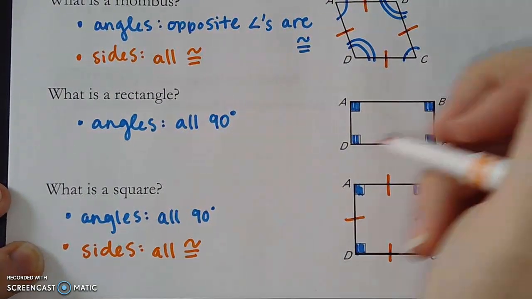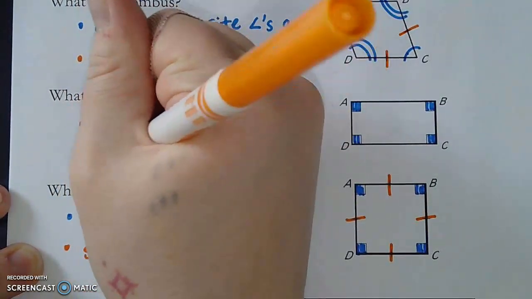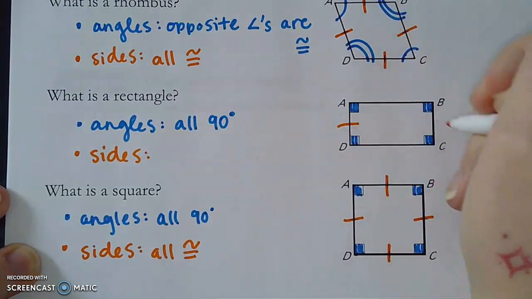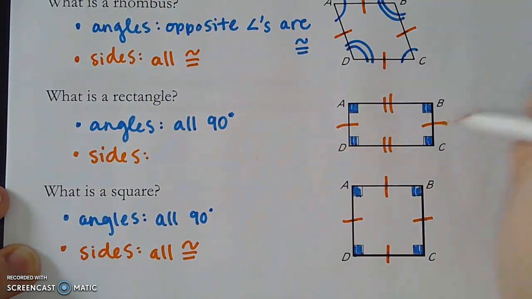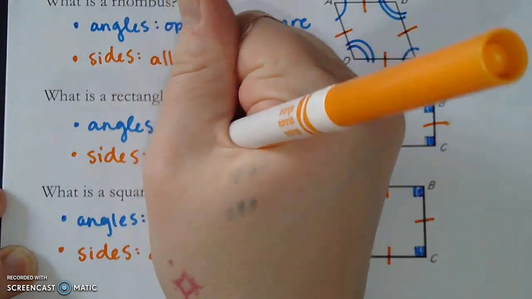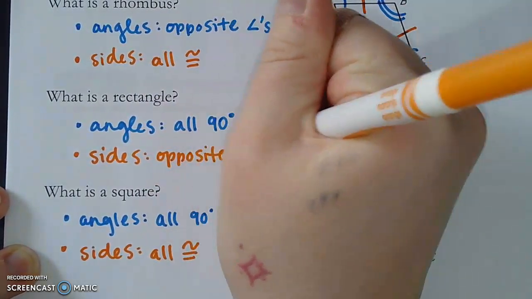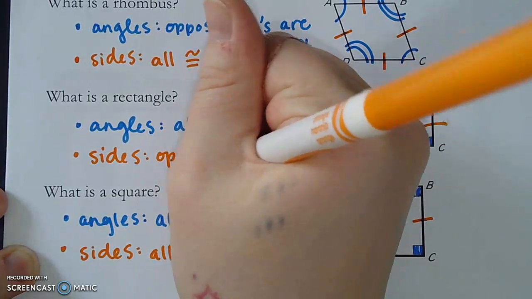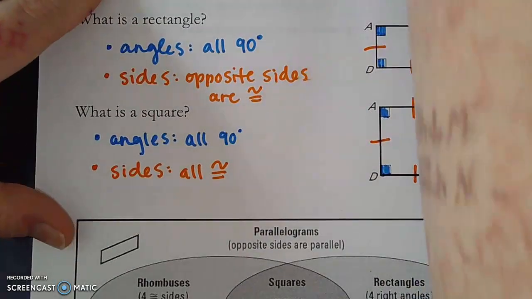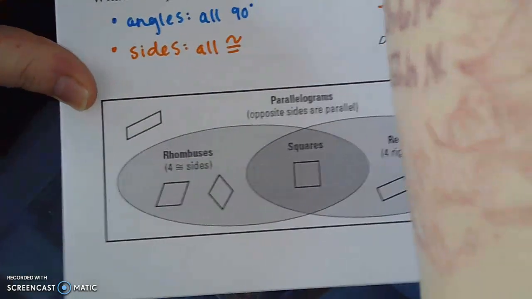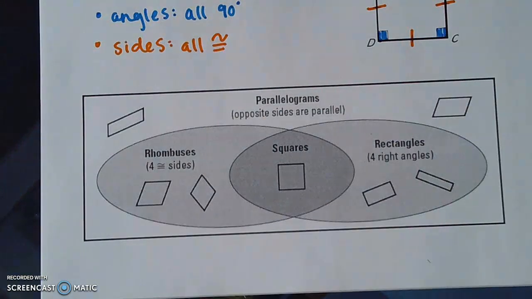And the rectangle for the sides, it's very much like the parallelogram where the opposite sides are congruent, but they're not all congruent. So we're just going to say opposite sides are congruent. All right, so those are the basics. There are more theorems to these shapes, but those are the basics of it.